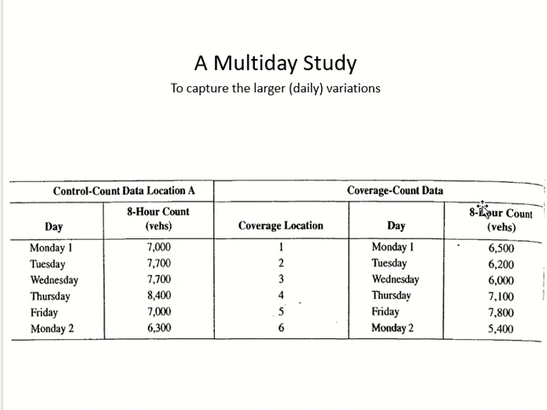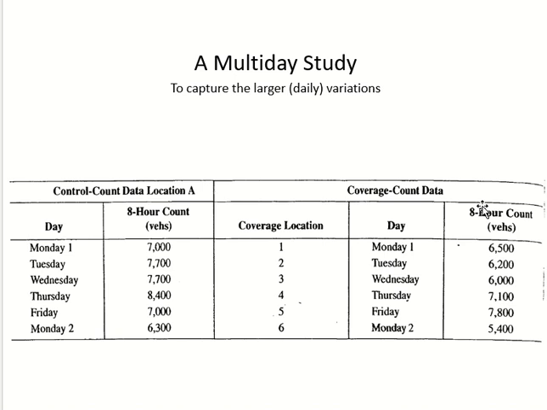Now 6 locations were selected for coverage counts. In the previous case, they were spending like 1 hour on each coverage location, so they covered all the coverage locations in 6 hours. Now they are saying we will spend 8 hours each day on one coverage location. Remember, the data is for 8 hours.